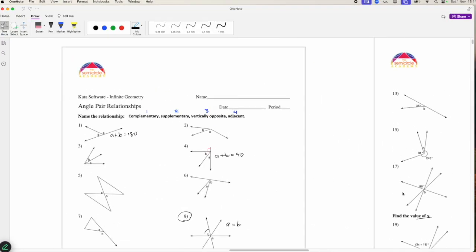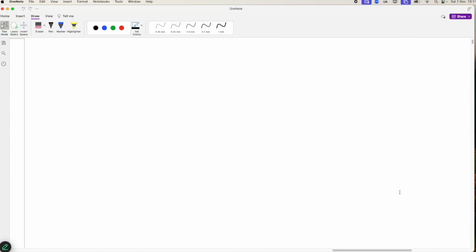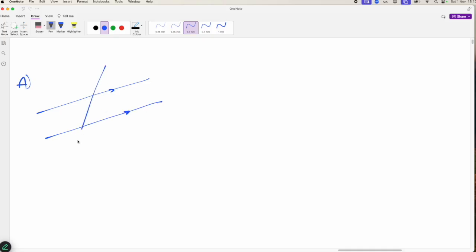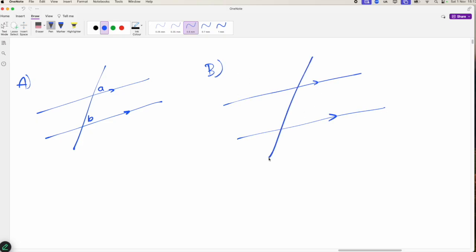Test time. Here's what. I have A. I'm going to do this fast. We have two parallel lines. We have the transversal, and I have these two here. B: I have the two parallel lines, the transversal, and these two here.